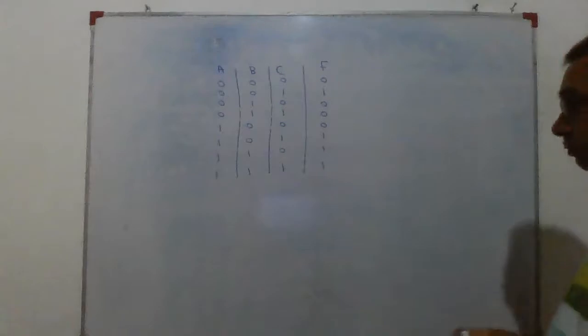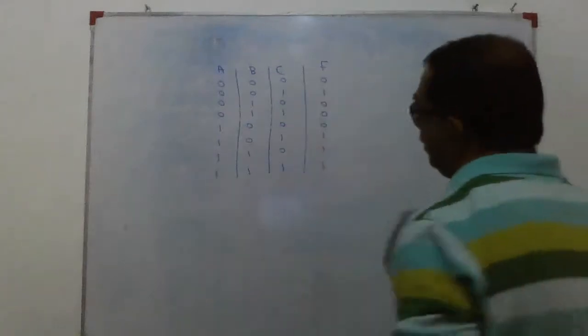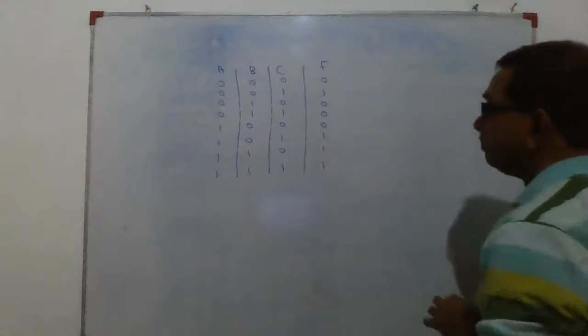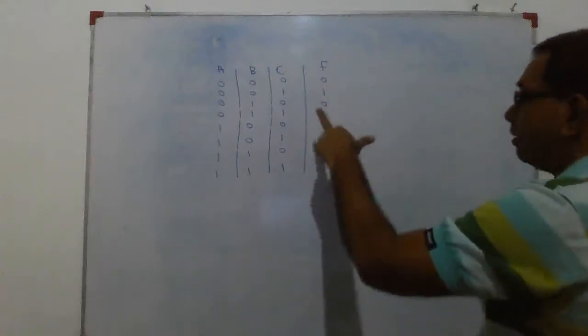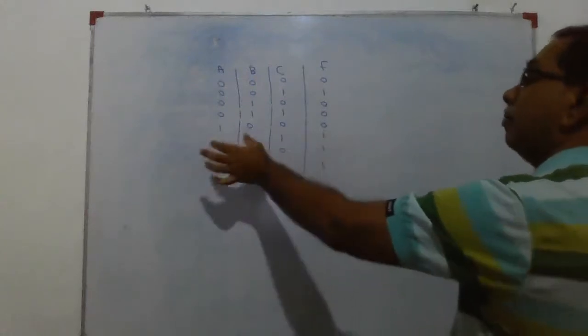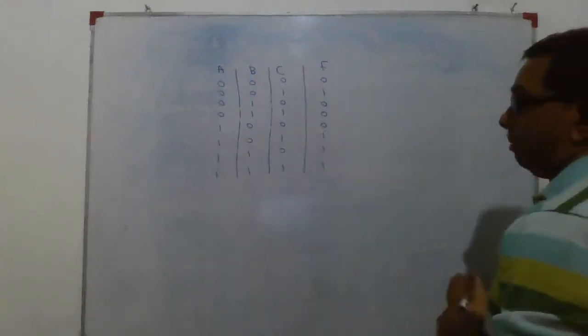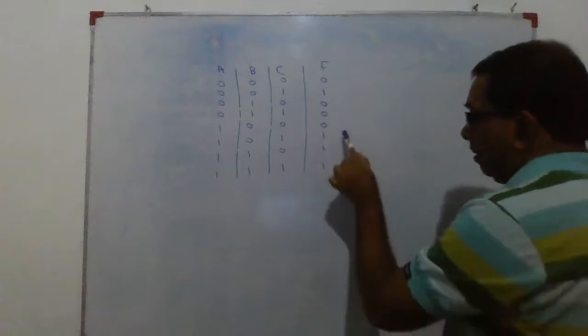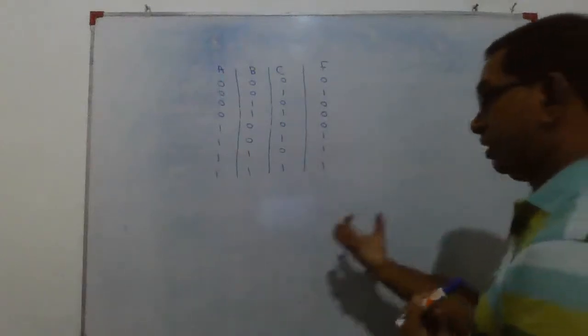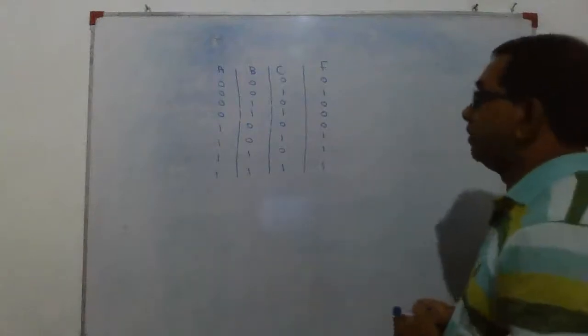Now, you know how to write the SOP statement. If the output is 1, we always take the Boolean combination here. So then we can get the Boolean equation.